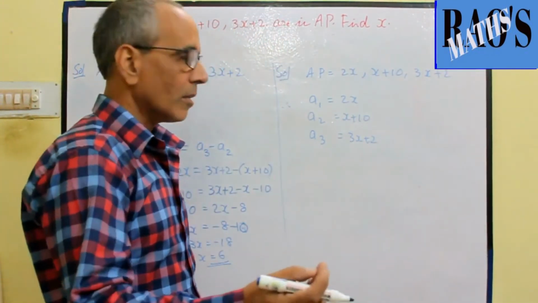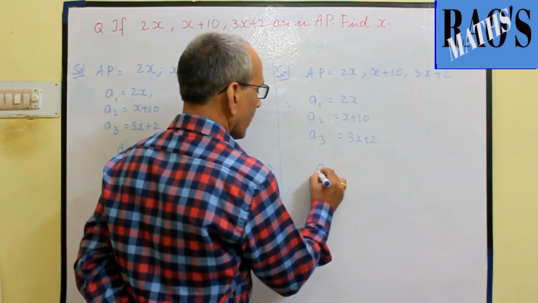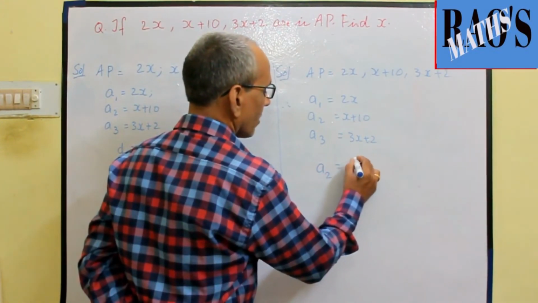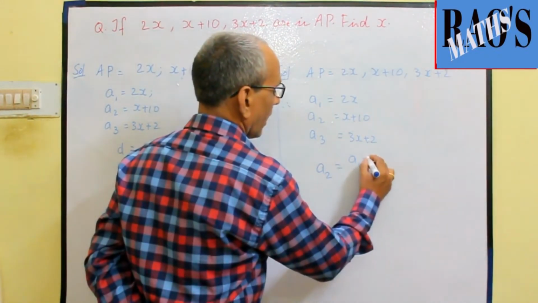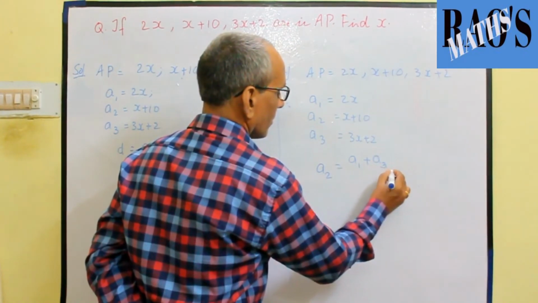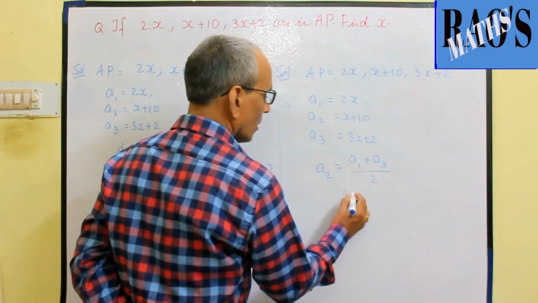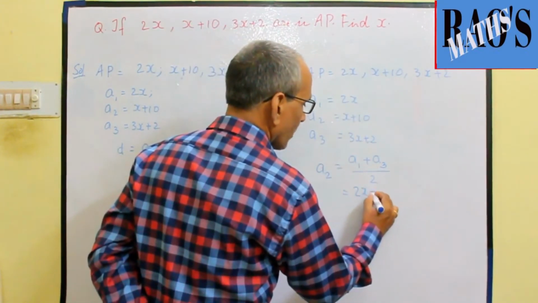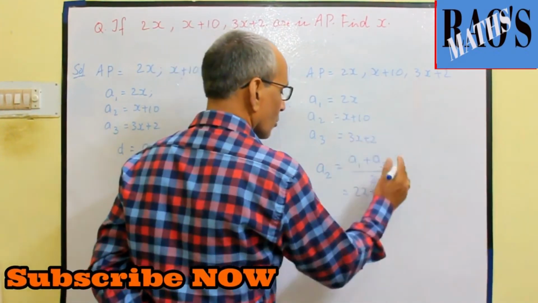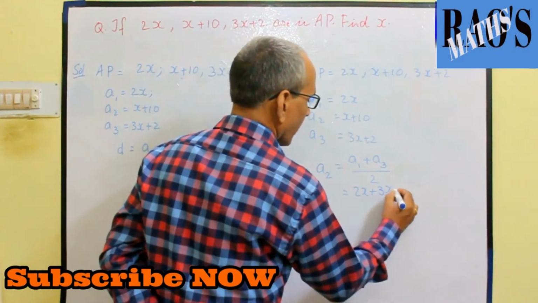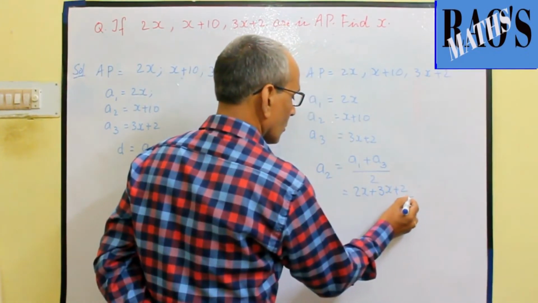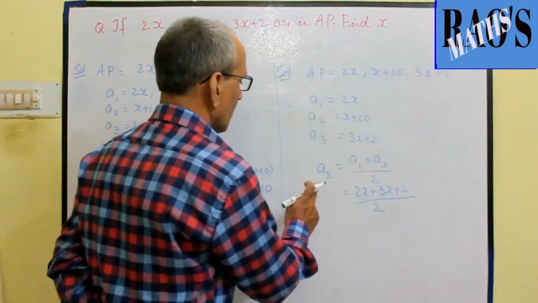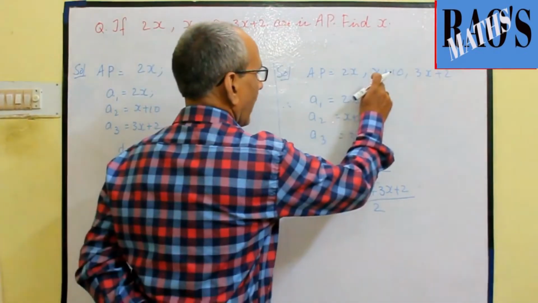So by the main concept rule, a2, the second term, is the mean of the first and the next, that is, term 1, 2x, plus the third term, 3x plus 2, by 2. So a2 is equal to x plus 10.